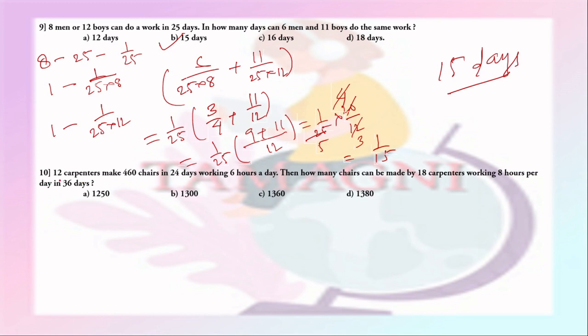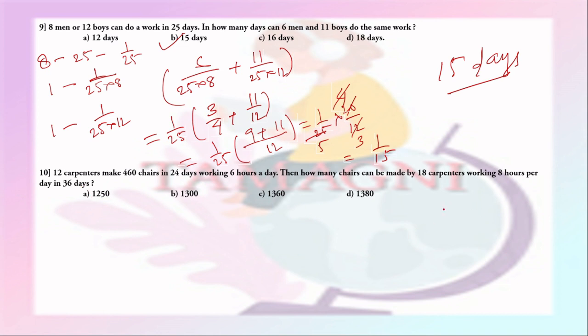Question number 10. 12 carpenters make 460 chairs in 24 days working 6 hours a day. Then how many chairs can be made by 18 carpenters working 8 hours per day in 36 days?